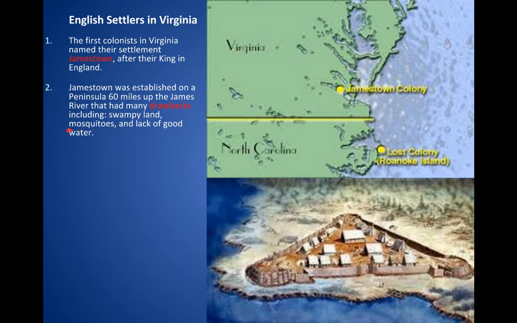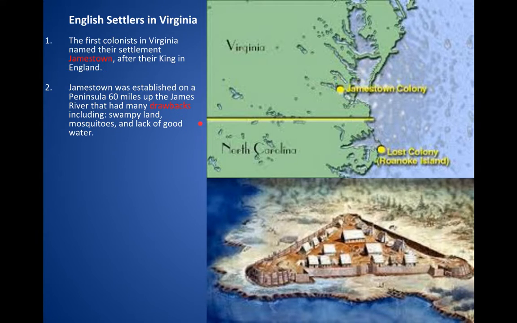You had diseases from the mosquitoes, and also there was a lack of good water. The water was still salty, right off the coast of the Atlantic Ocean, and they didn't have much for freshwater rivers, so there was a lack of good water as well. So these are some drawbacks, some bad things about living on the James River and starting this colony of Jamestown.